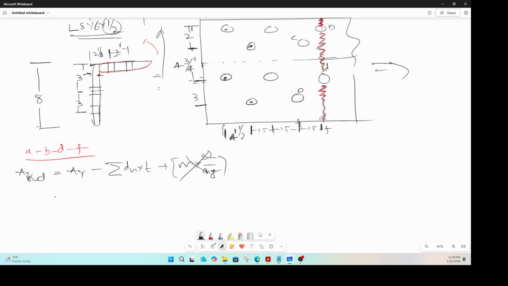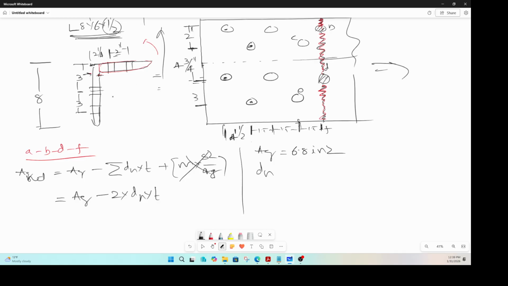All we need to do is find A gross and deduct 2 bolt holes, so 2 times DH times T. Some side calcs: AG for this member, gross area of an L 8 by 6 by 1/2, you go to the table and find that this is 6.8 inch squared. So that is AG.